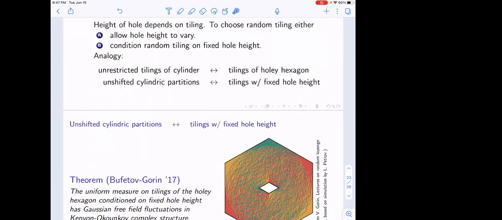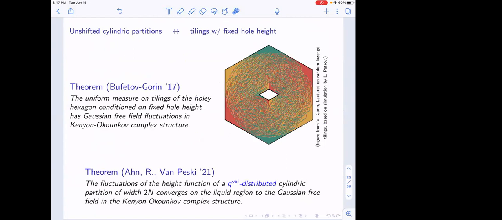And there is a nice result by Alexei Bufetov and Vadim Gorin. They proved that for the uniform measure on tilings of the hexagon with a hole, where the height of the hole is fixed, the fluctuations of the height function converge to the Gaussian free field in the Kenyon-Okounkov complex structure.